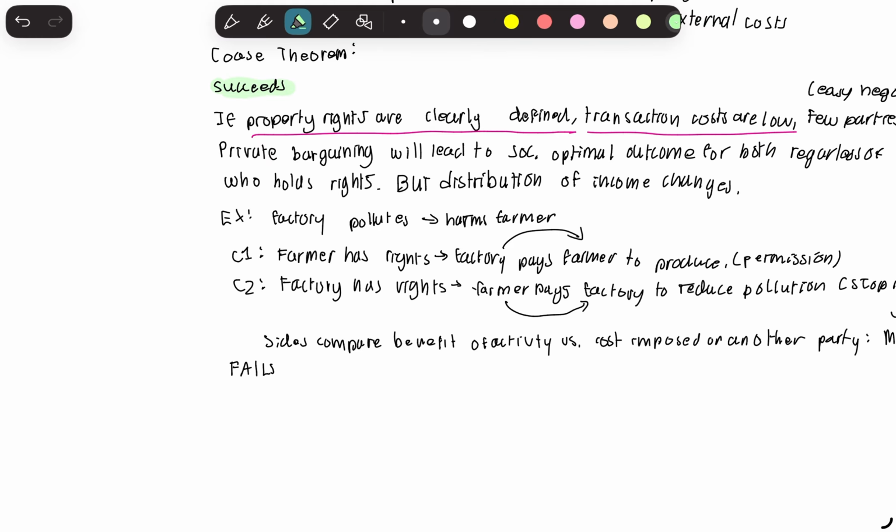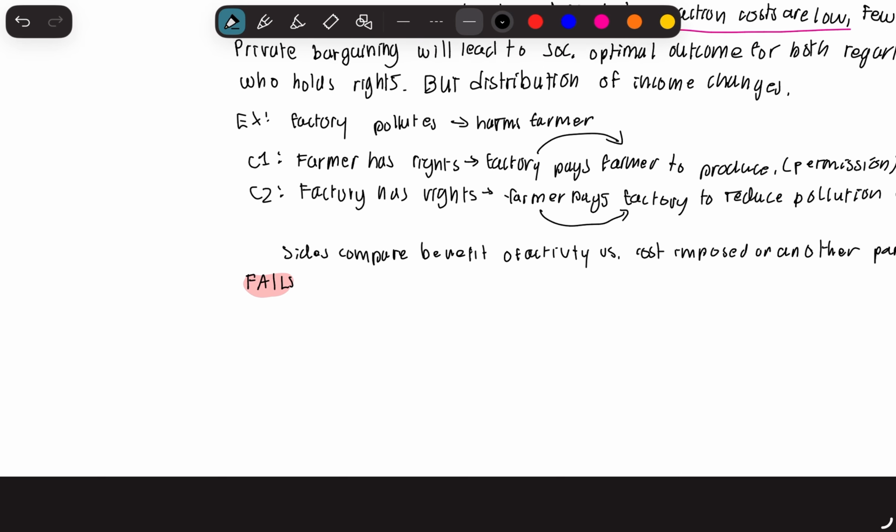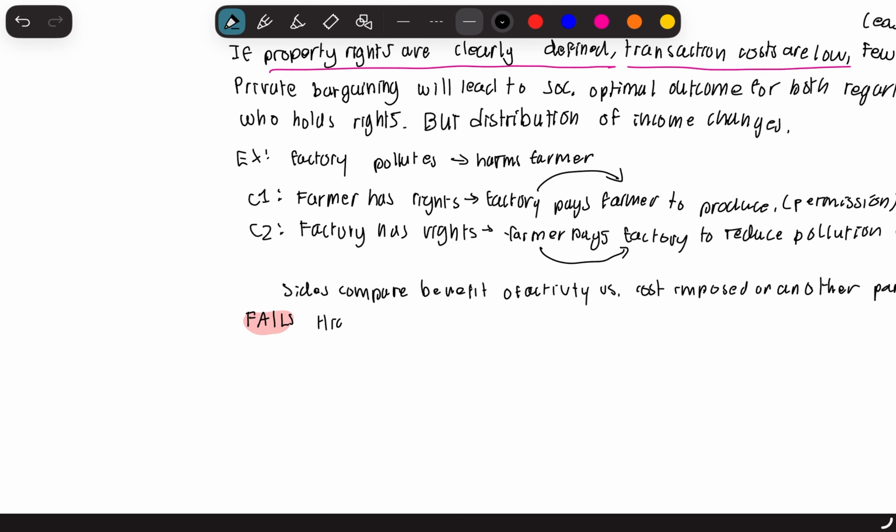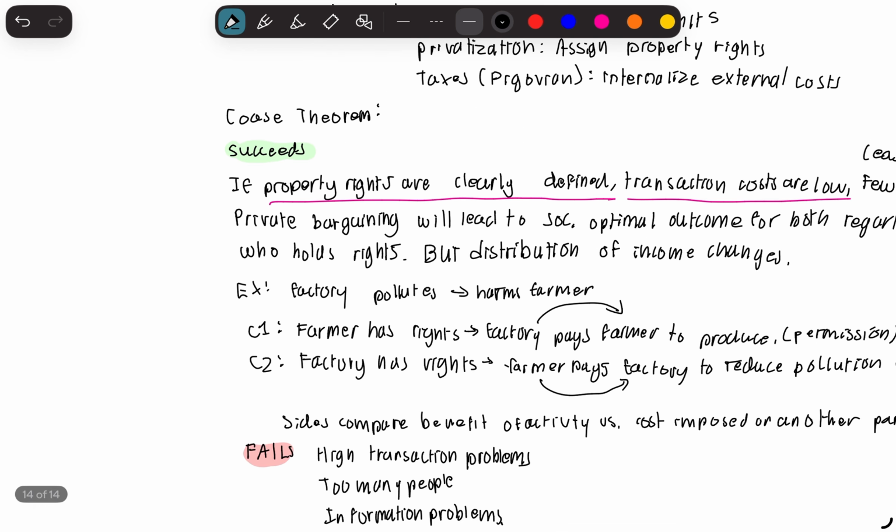This is when it succeeds, but when it fails, or information problems. So this is a private solution to externalities.